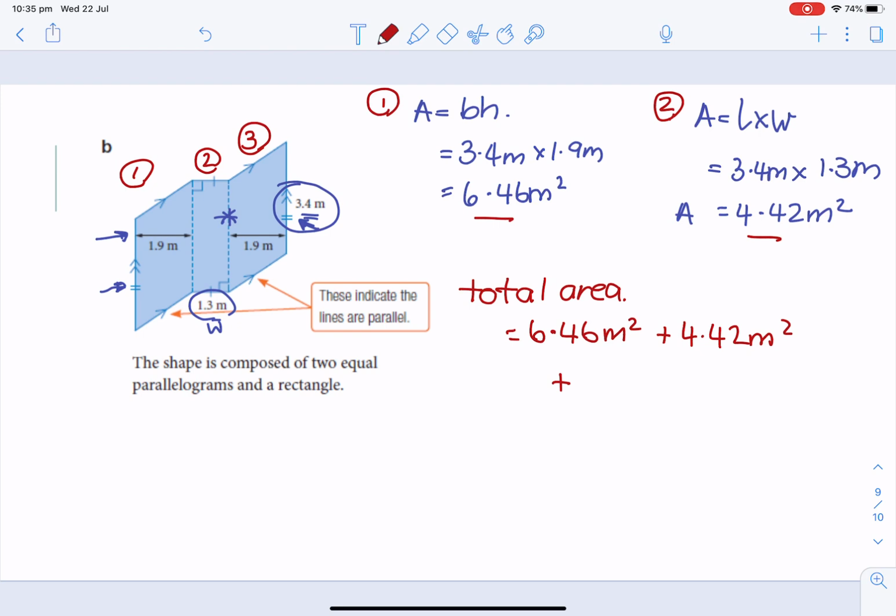Even though I didn't calculate it, area number 1 is the same as area number 3. So we're going to use the 6.46 meters squared again. And I end up with my total area equal to 17.34 meters squared. And if we were rounding that, it's approximately 17 meters squared.